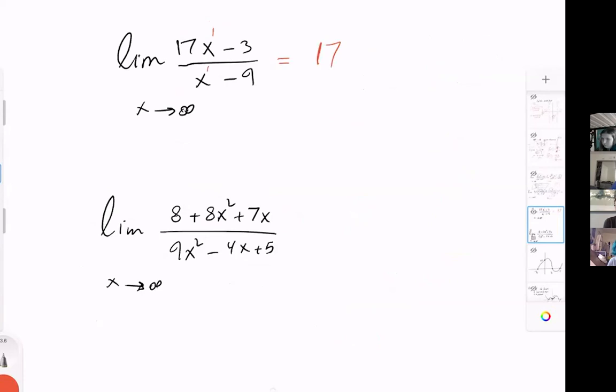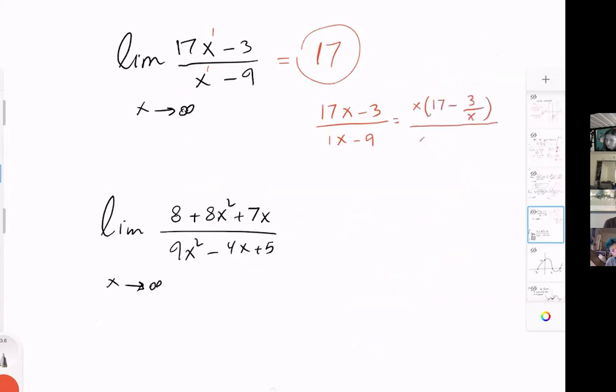So if you want to see why it is 17, we have 17x minus 3 over x minus 9. The question is, why is it coefficient over coefficient? If I factor the x, I'm going to get 17 minus 3 over x. If I factor x on the denominator, I'm going to get 1 minus 9 over x, correct? This x will cancel.